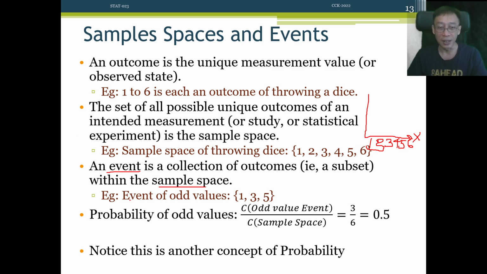Now, what's the event? Remember, it's a set. What's the event of odd values? That the dice, when we throw it, appears with an odd label on top. That's simply 1, 3, and 5. Then we ask, what's the probability of an odd value occurring when we throw a dice? Well, remember counting. So we count the odd value event.